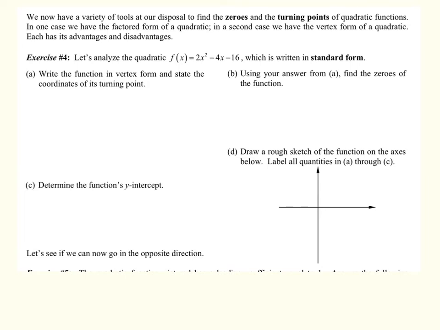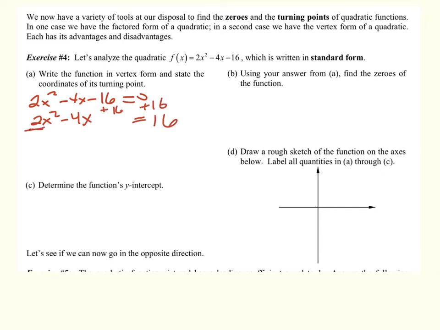All right, so now they're talking about how we've got several tools in our toolbox to investigate all these types of quadratics. And we're going to take a look at this one in standard form, and we're going to get the vertex. So as soon as I hear that, probably I'm thinking completing the square. So in this case, I bring the c over the other side, so I keep my 2x squared minus 4x equals positive 16 when I add 16 to both sides.